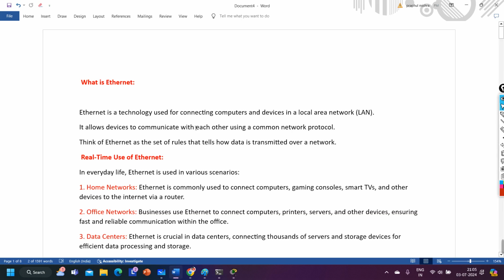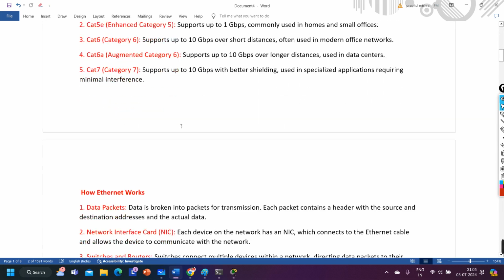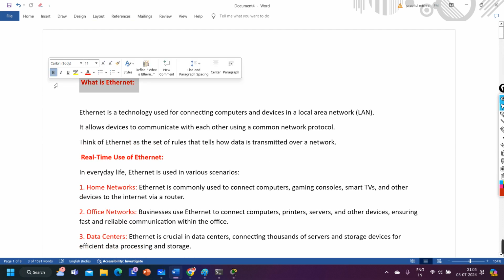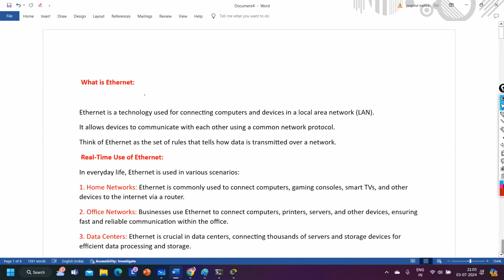Okay, now let's move to Ethernet. Hope Ethernet is clear. Any question, guys, in Ethernet? Now again we divide all of these into some parts. Suppose we have one Ethernet cable.